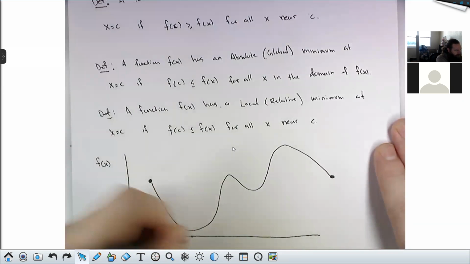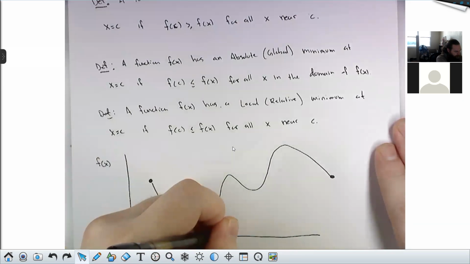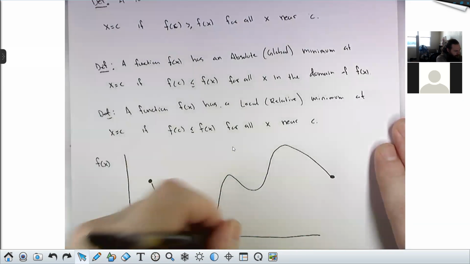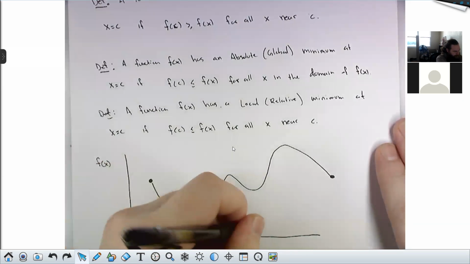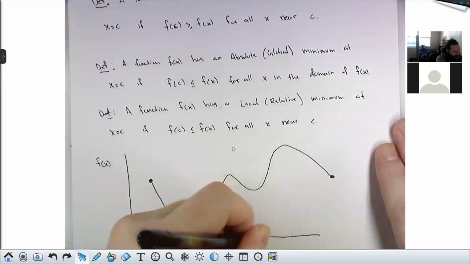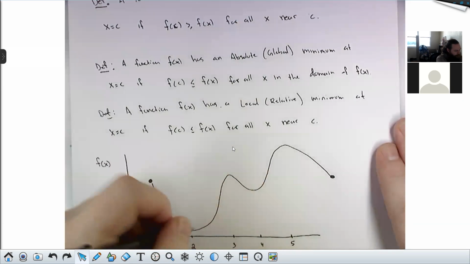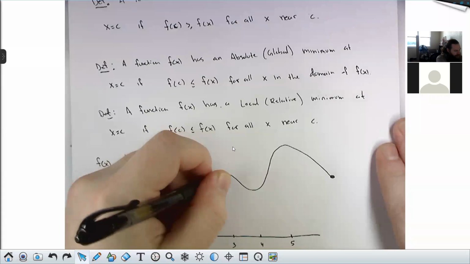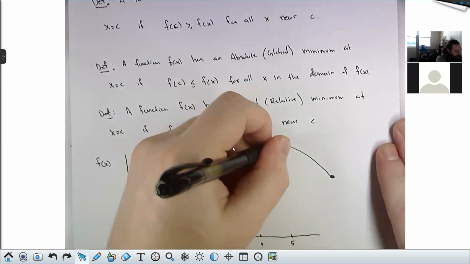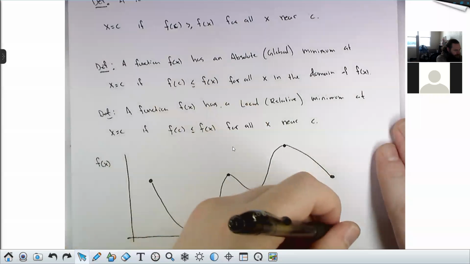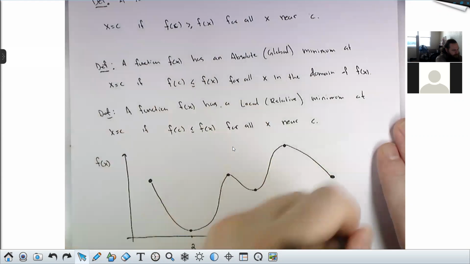So I'm going to call this 2, 3, 4, 5. And we're going to say this is the whole graph, right? This is the whole function.